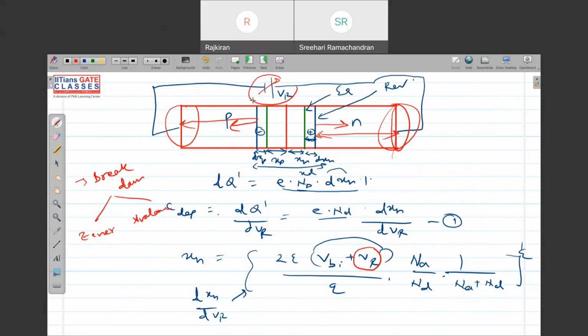What is the maximum reverse bias potential for your diode? That is nothing but the reverse blocking capacity. VR cannot be anything; there is a blocking capacity, a critical electric field. If you go on increasing VR, at a certain point this diode will break down, and then a huge current will flow.